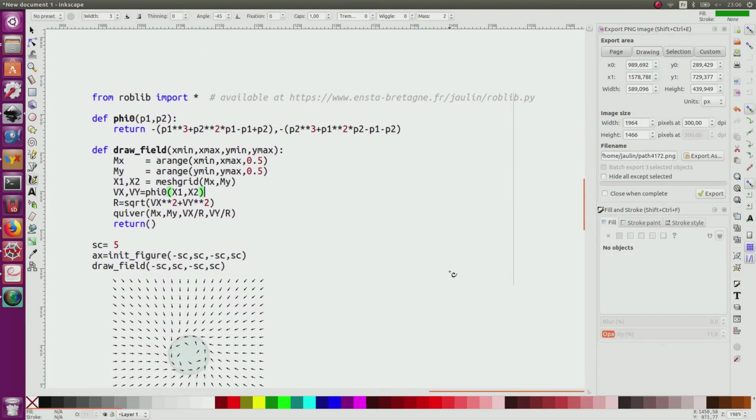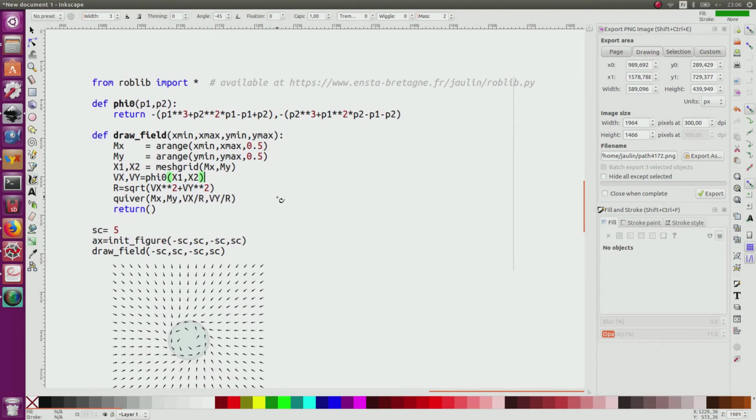So the code is the following one. I first enter the expression here of a function f going from R2 to R2, corresponding to the field I want to draw.